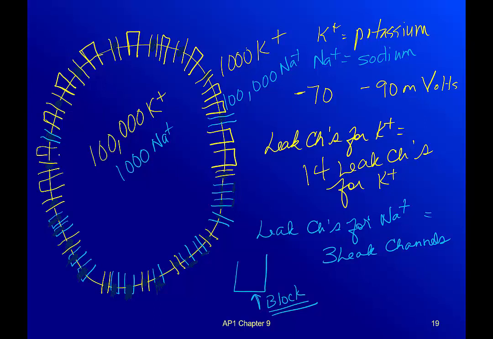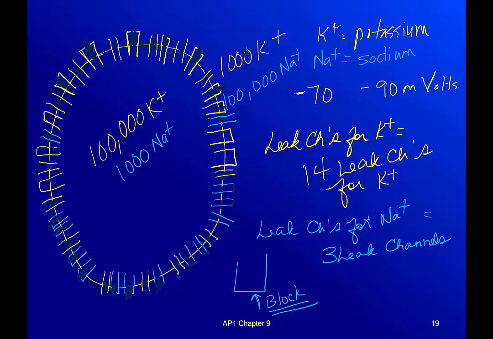And when the inside becomes positive enough, just like these guys opened, these guys get the signal and they open up. And as they open up, look at the amount of potassium inside my cell versus outside my cell.